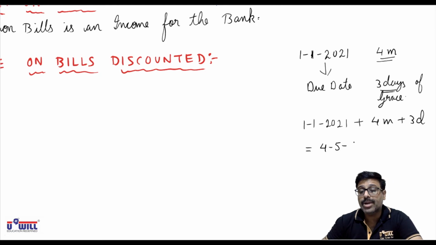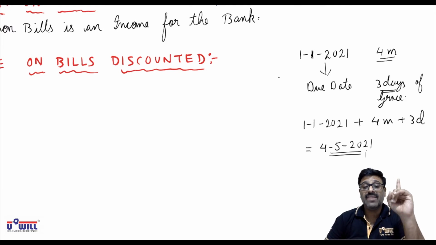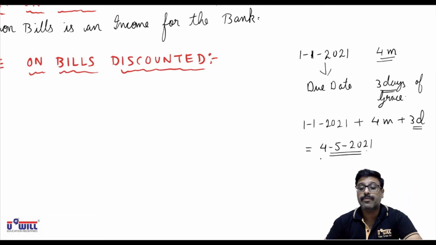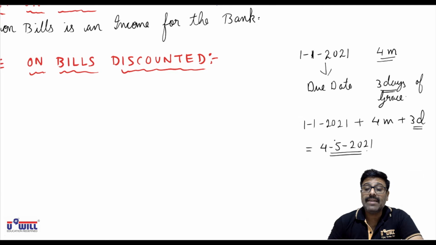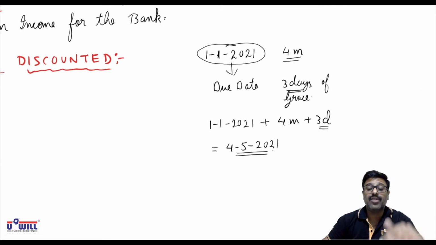What would be the due date of the bill? 4th May 2021. I repeat: January, if you add 4 months, February, March, April, May. Now 1st May, if you further add 3 days of grace, it becomes 4th May. It means whatever money the bank gives to the trader on 1st of January, the bank will get that money back from the customer of the trader on 4th of May.